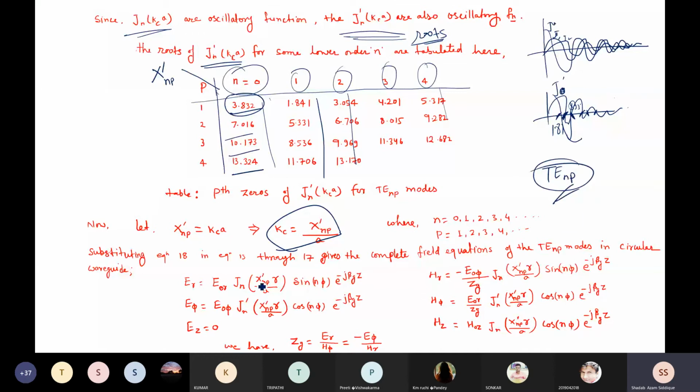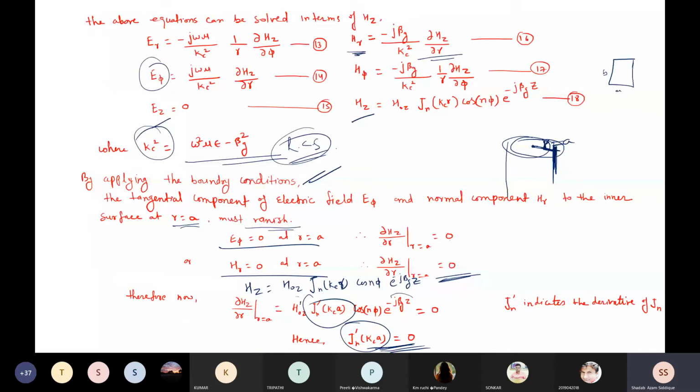Okay. So here, equation number 18 can be substituted. This Hz can be substituted in all of these equations 13, 14, 16, 17, and we can find the fields by differentiating, del upon del r. So just put it in and find out.